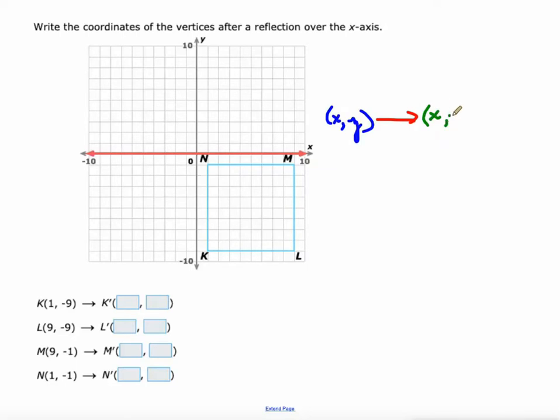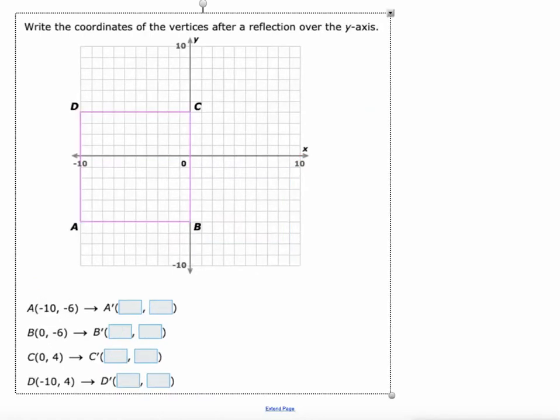So x stays the same, 1, 9, 9, 1, and y becomes opposite. Opposite of -9 is +9. Opposite of -1, +1. A lot of times when I'm doing skills like this, that's exactly what I do. I concentrate on the x values first and then the y values.